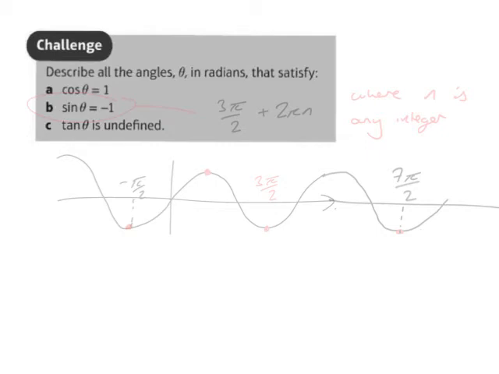So if we start at 3 pi over 2 and we add one lot of 2 pi, we end up at 7 pi over 2. If we added 2 lots of 2 pi, we will end up at the next minimum point. 3 lots of 2 pi, we will go to the next minimum point. So this is a valid answer. If you got something else and you want to check, ping me on Teams.